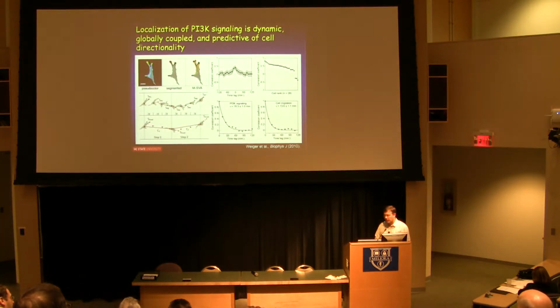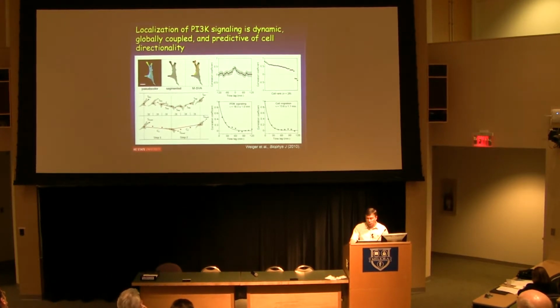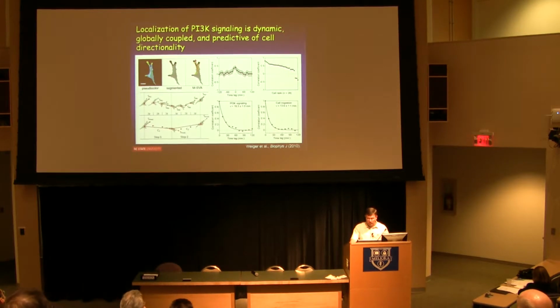Okay, and we did things like correlating a vector associated with the pattern of PI3 kinase signaling with the vector of cell movement. And what your eye just told you in the previous movie is that, yes, they do positively correlate very well.